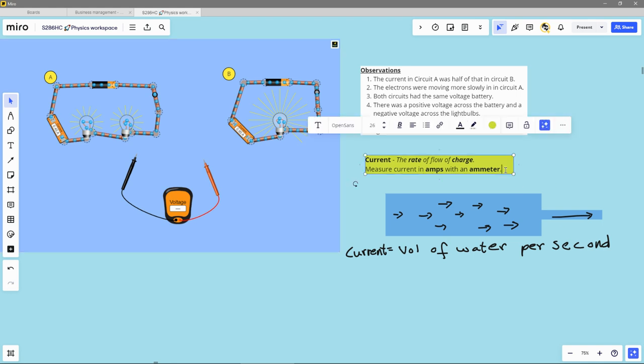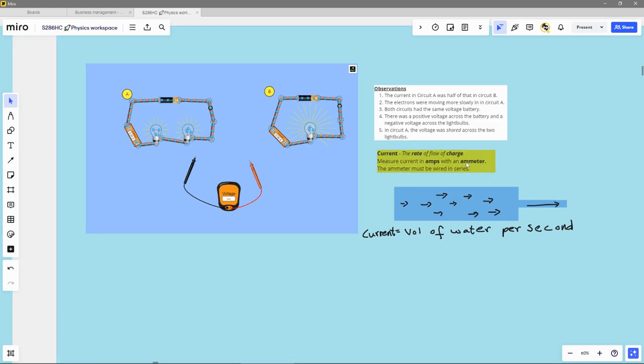So we'll say measure in series. In fact, let's add a new sentence: the ammeter must be wired in series.